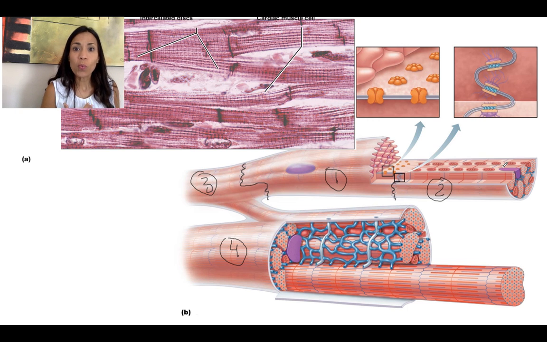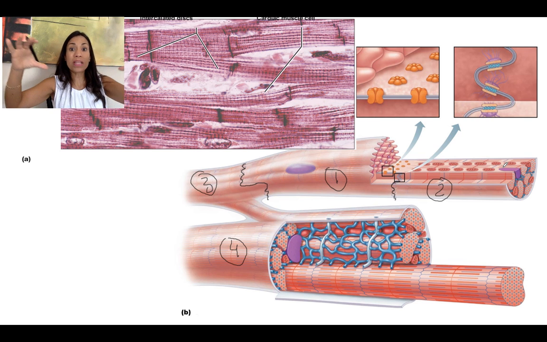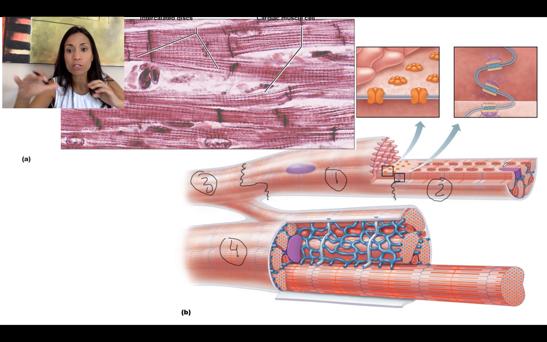In the heart, you don't want that because you want to move the blood in just one movement. You want all the cardiac muscle fibers in the heart to contract all at the same time.